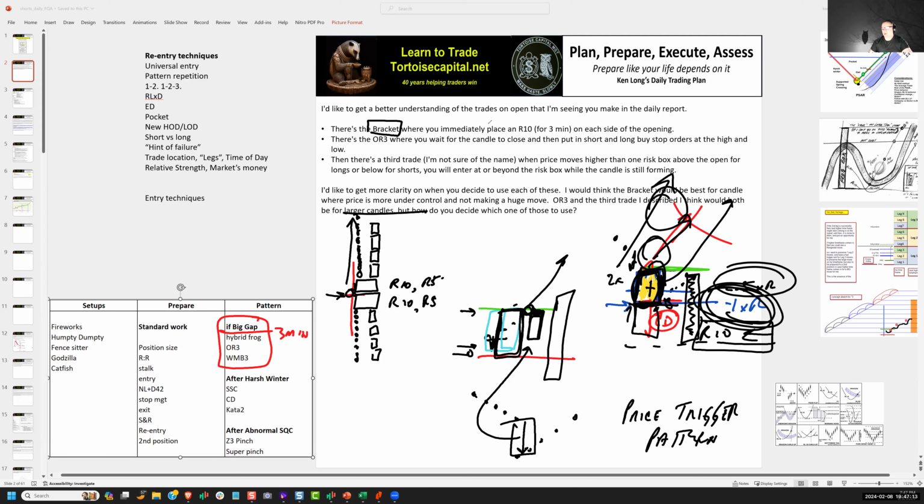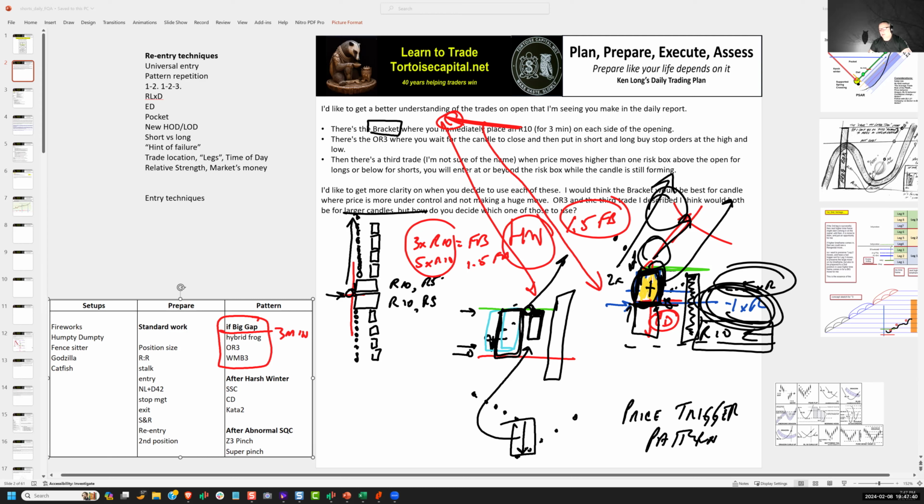remember what we said was the precondition of that was that it was a harsh winter, and that means it had to move 1.5 frog boxes from the open to the downside. And if 3 times an R10 equals the frog box, then 1.5 frog boxes equals 5 times the R10.